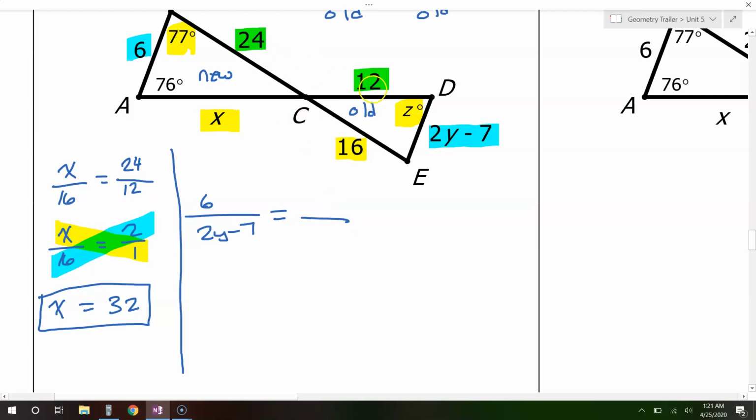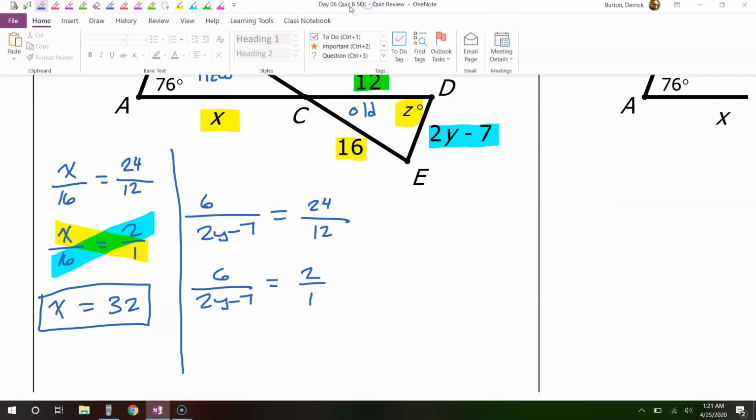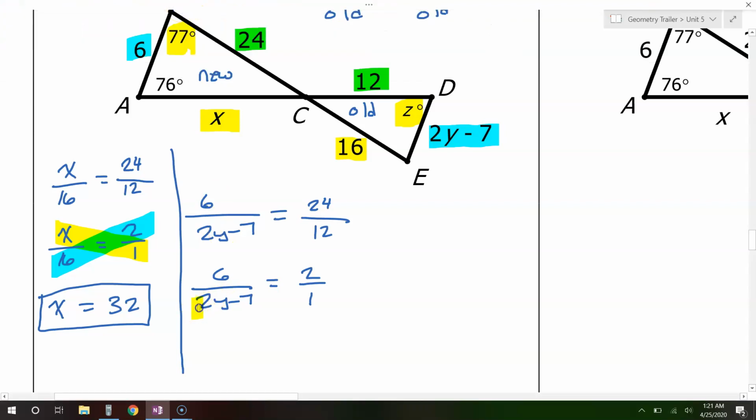Now I'm going to use the greens again. So again with the 24 over 12. So again, I'm going to reduce that. So 6 over 2y minus 7 is equal to, and this is 2 over 1, just like before. So time to cross multiply.